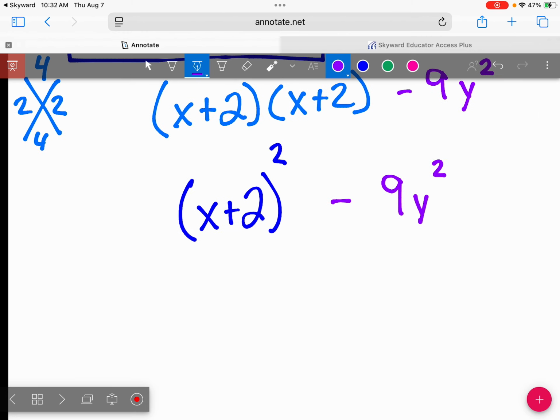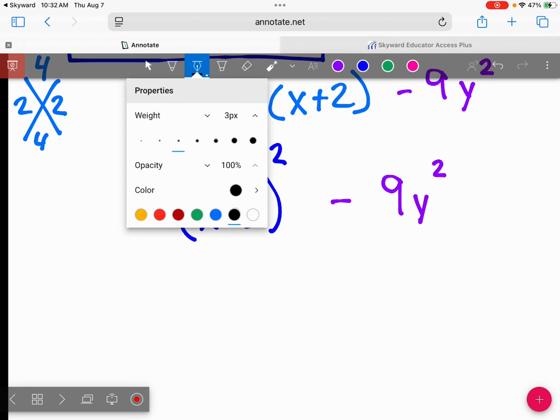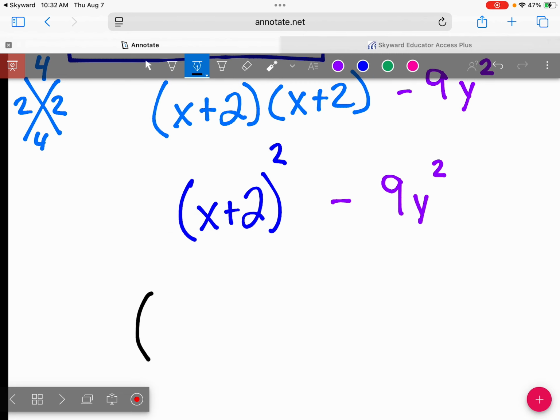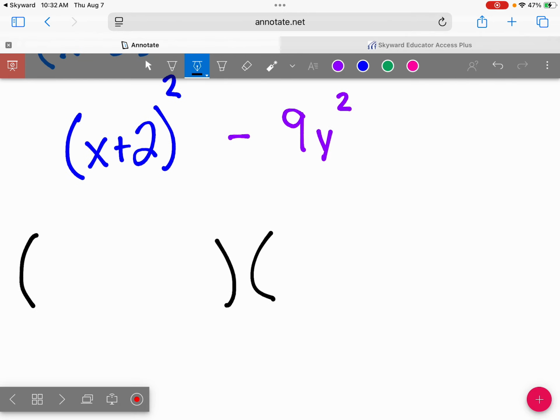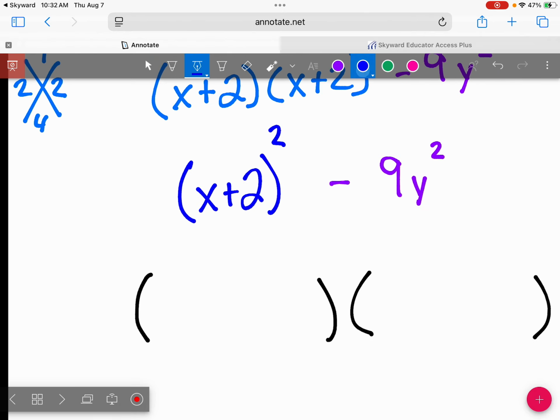So this we can put into the difference of squares pattern because I know what squares to make the front piece and we know what squares to make the back piece. So we can go straight into our pattern here where I know my x plus 2 is the thing in the front because that's being squared up here.